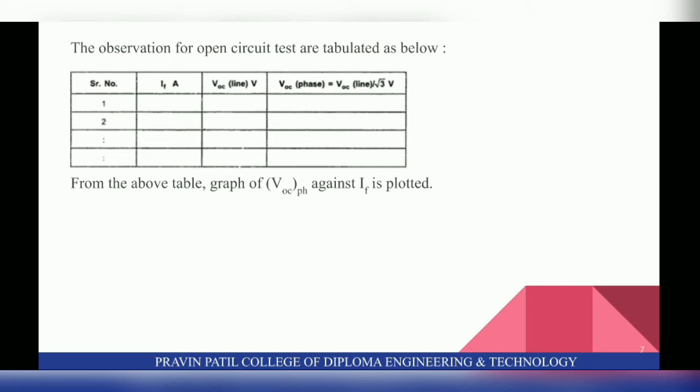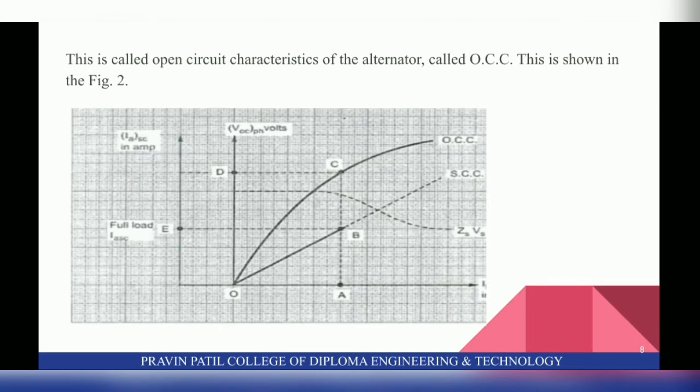So convert it into phase voltage. So VOC phase is equal to VOC line upon root 3 voltage. So from the above table, the graph of VOC phase against IF is plotted. So this is called open circuit characteristics of the alternator, called OCC. So this is shown in figure 2.